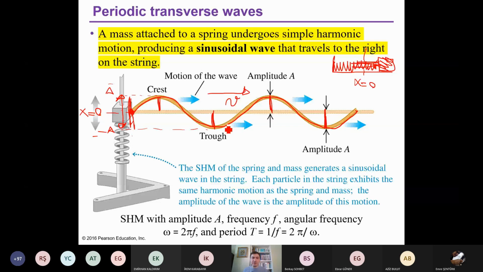So we have discussed all these things, and all the information which we have learned in simple harmonic motion, in periodic motion, are valid here, okay? So we have a wave here. This motion produces a sinusoidal wave that travels to the right on the string. Do you have any question here?